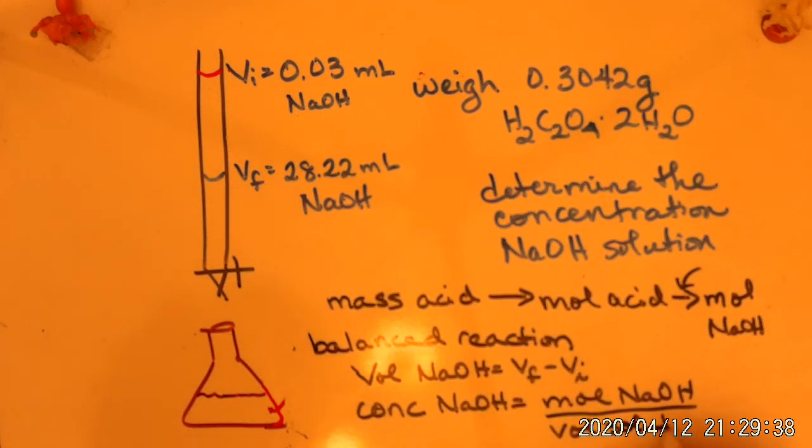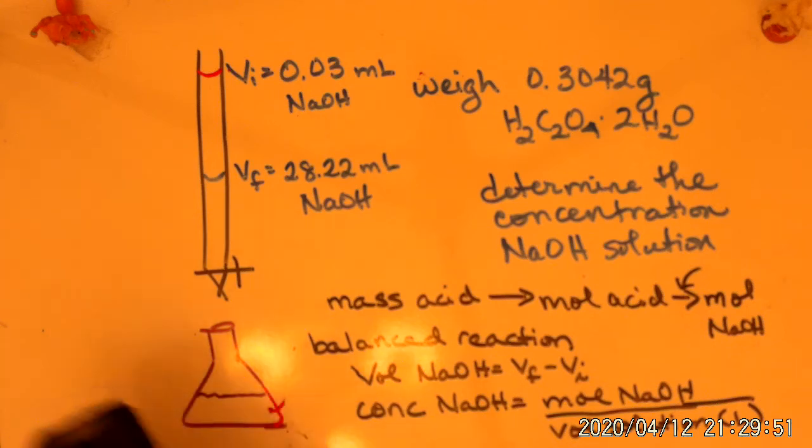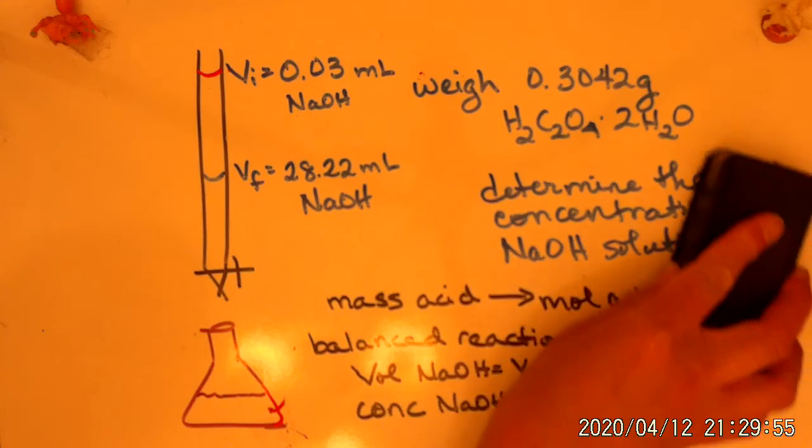And remember, this has to be in liters. Okay? So that's your first part. You need to get your concentration of sodium hydroxide. Once you do that, okay, so you have all your data now. So once you do that, then we're going to reset.